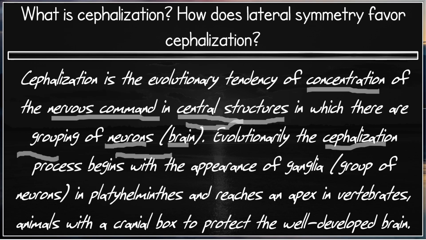Evolutionarily, the cephalization process begins with the appearance of ganglion, a group of neurons in Platyhelminthes, and reaches the apex in the vertebrate animals with cranial box to protect the well-developed brain.